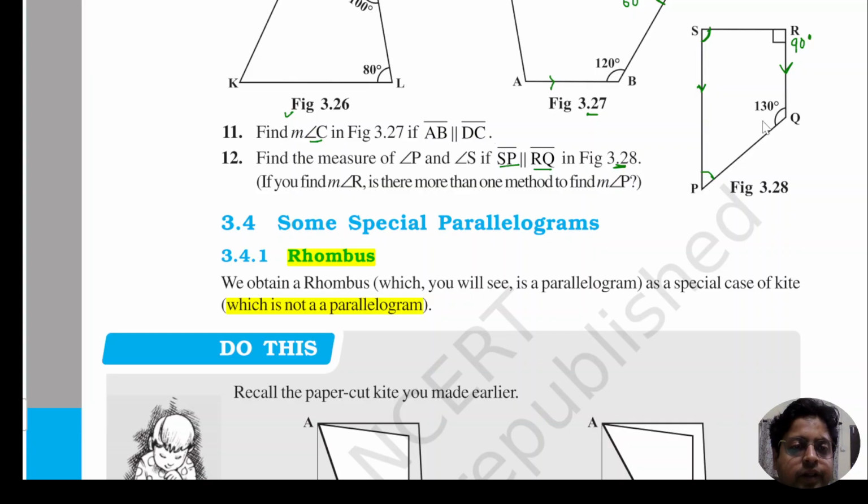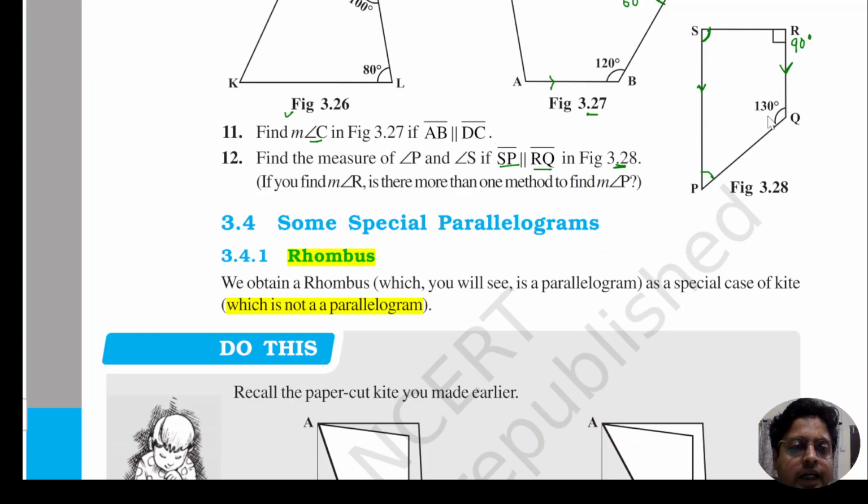So we know that the sum of adjacent internal angles of a transversal is supplementary. So 180 minus 130 is going to be 50 degree. That is, if these two lines are parallel and this is transversal, the sum of internal adjacent angles is going to be 180 degree.